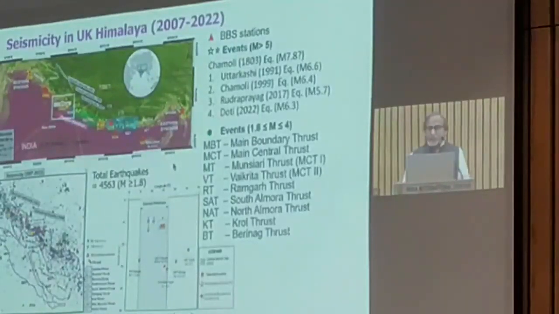Among them, only a few are significant: Uttarkashi 6.6, Chamoli 6.4, Rudraprayag 5.7, and in the eastern part, Pithoragarh, which falls in the western part of Nepal, had a 6.3 magnitude earthquake last year in December. But we don't have any magnitude 7 or 8 earthquake in these regions.